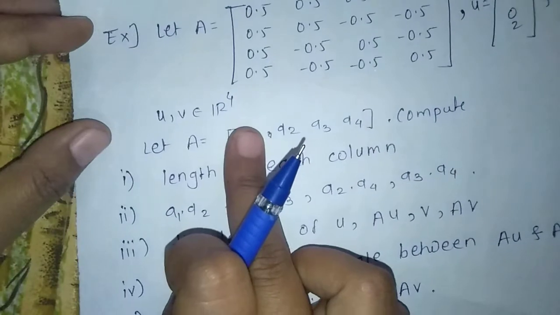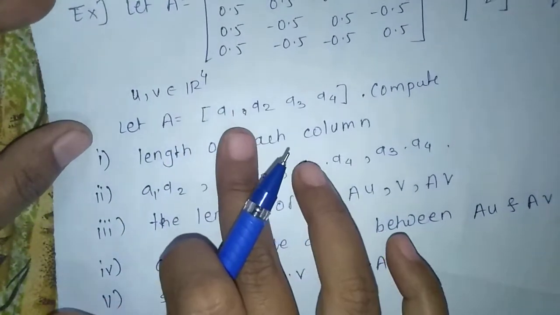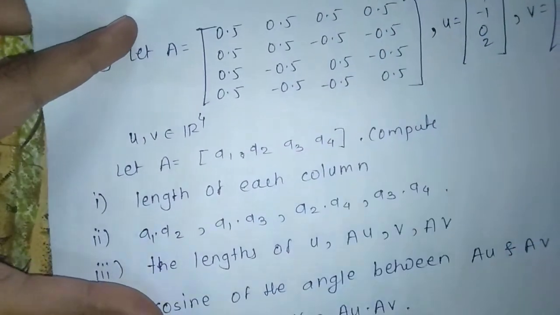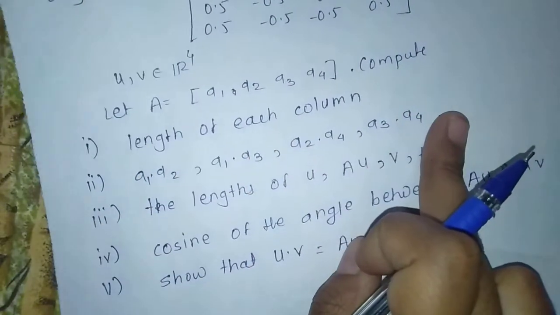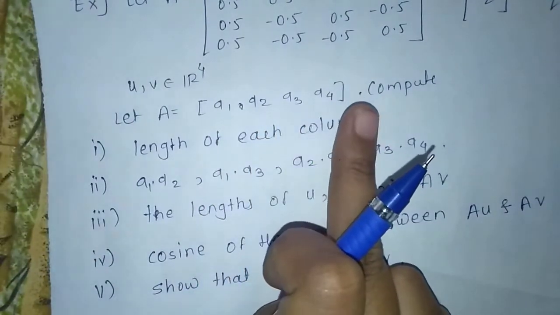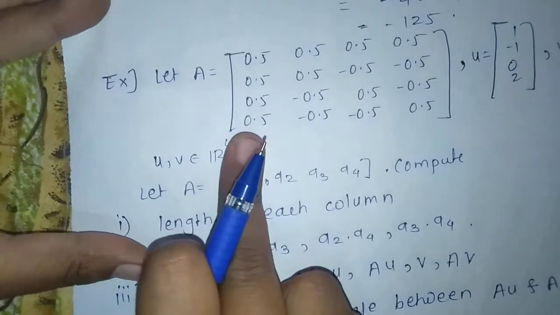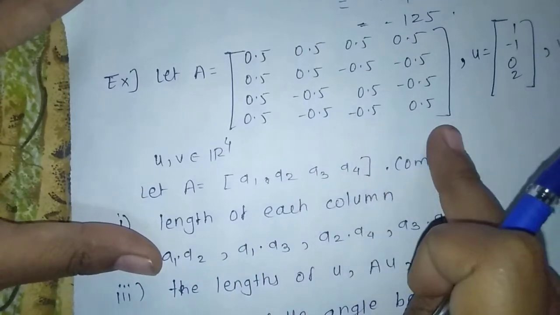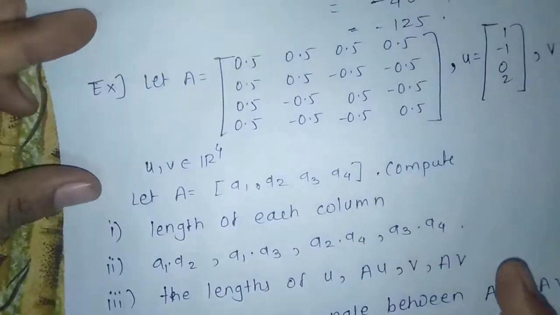U and V belong to R4. Let A be equal to A1, A2, A3, A4, meaning first column, second column, third column, fourth column. Compute the length of each column, meaning norm A1, norm A2, norm A3, norm A4, where A1 is the first column, A2 the second column, A3 the third column, and A4 the fourth column of matrix A.